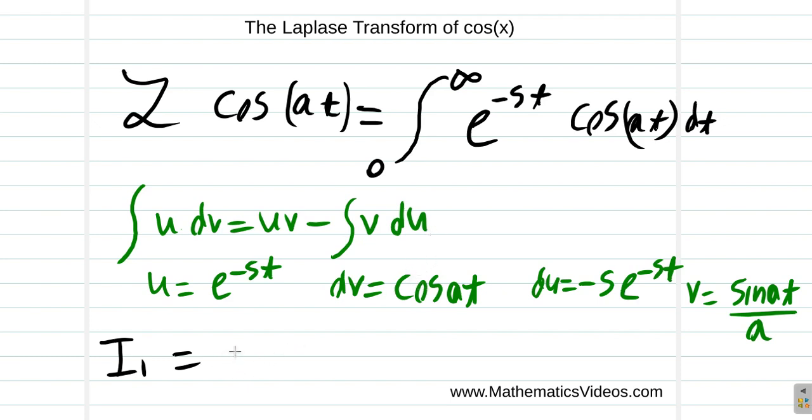The first integral is the integral from 0 to infinity of e to the negative st cos AT dt.